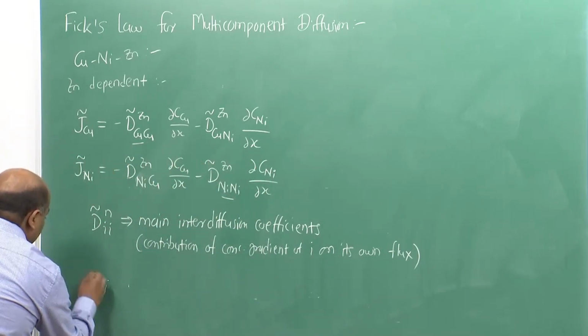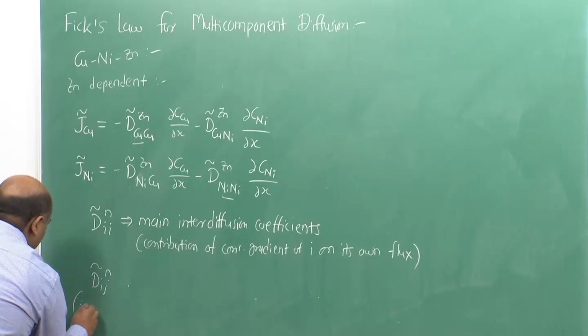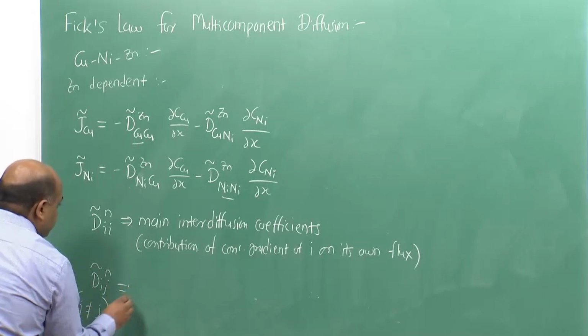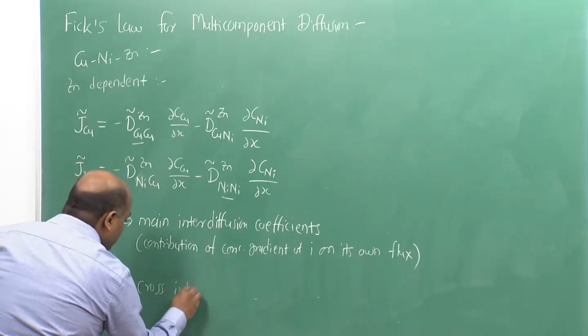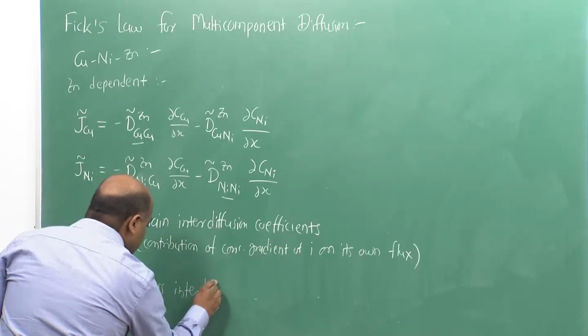D_ij~^n, where i not equal to j, are referred to as cross or interactive interdiffusion coefficients.